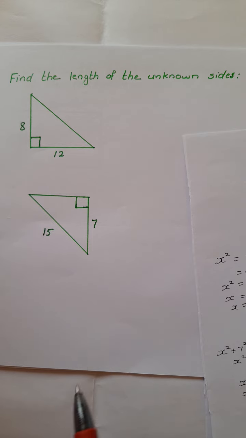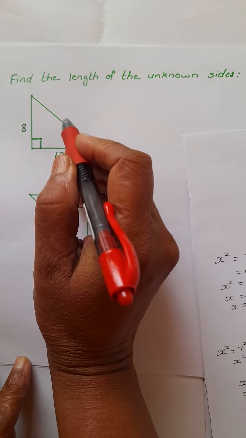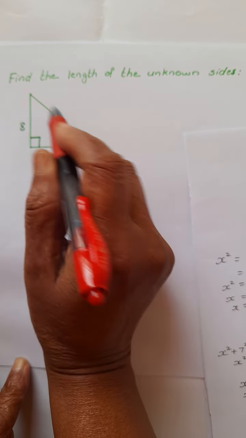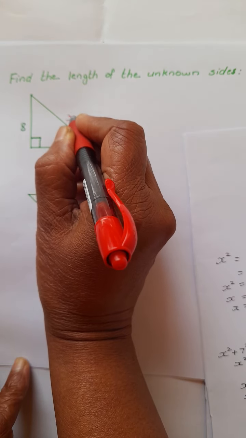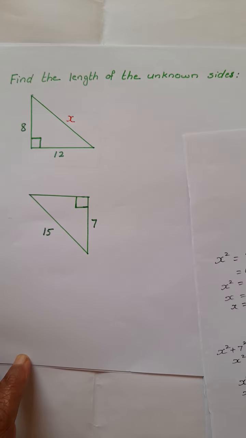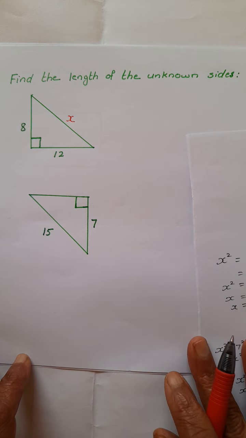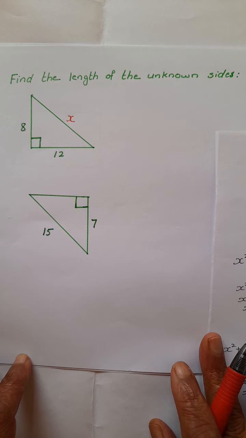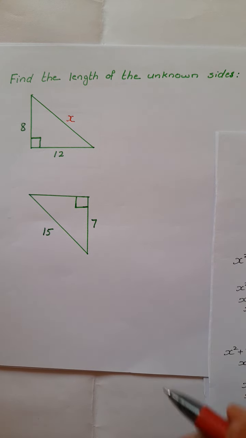So in this case, this is a right angle, and then the hypotenuse is this, and the length of that side we don't know. So I'm going to write it as x. So we always use letters of the alphabet to label the unknown.